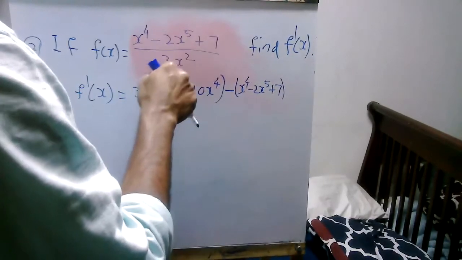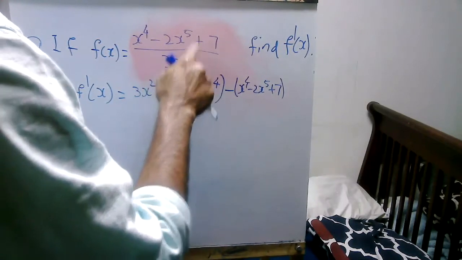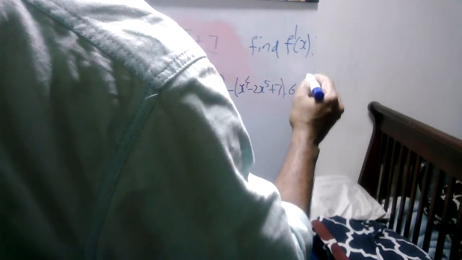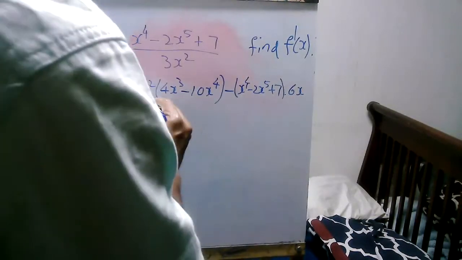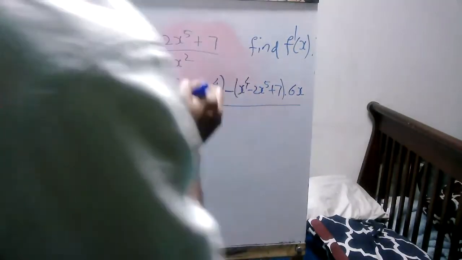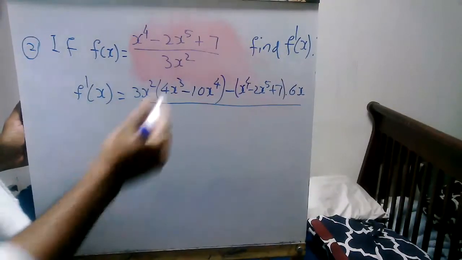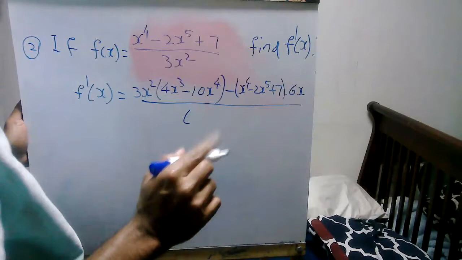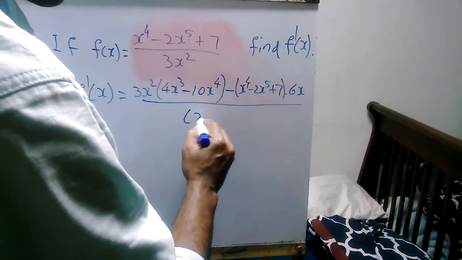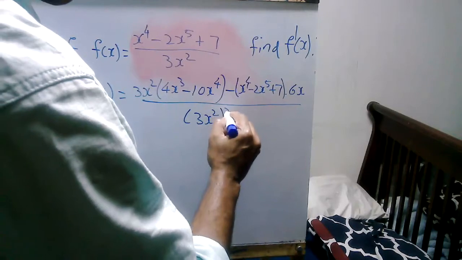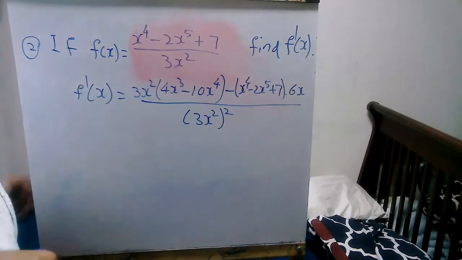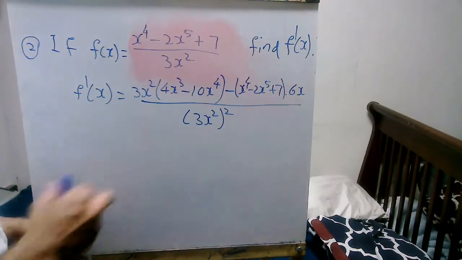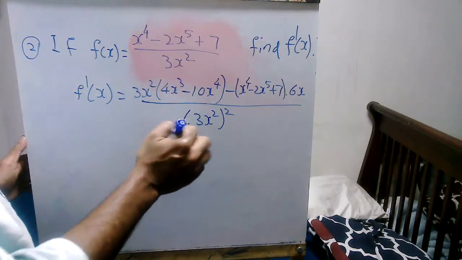The derivative is 6x to the power 1. X to the power 1 is x, divided by denominator squared. Without making mistakes with algebra, 3x squared. Don't write 6x to the power 4. When you square this it is 9, 3 squared, right? So if you think you're making a mistake, write this step.